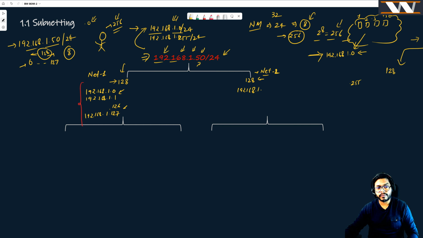You need to start from wherever you stopped on the left side of the network. See, out of 128, you have given 0 to 127 on the left side. So the remaining numbers should start from 128, right? What is going to be the second IP address of a host inside this network? It is going to be 192.168.1.129, right? Similarly, what is going to be the last IP address?